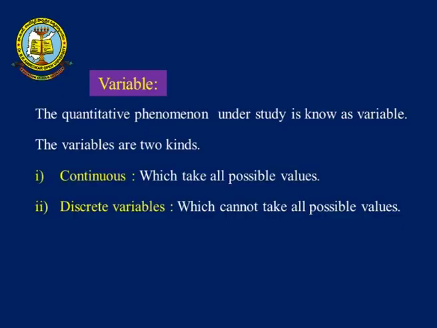What do you mean by continuous variable? Which take all possible values is known as a continuous variable. Discrete variables cannot take all possible values, that is discrete variable.